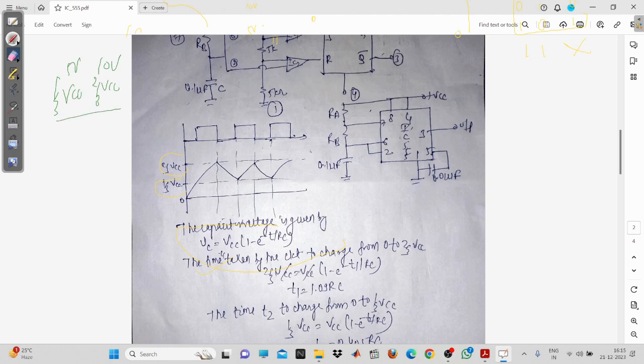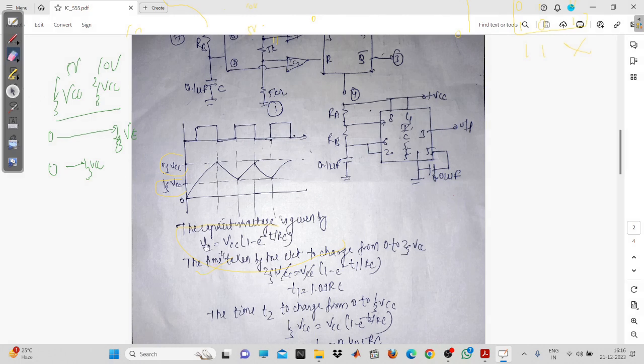Fine. So you will have two limits. In that case, first you will have to evaluate the time taken when the capacitor voltage charges from 0 to 2 by 3 VCC, and the next case is 1 by 3 VCC. Then you subtract these two times, and you'll get the capacitor charging from 1 by 3 VCC to 2 by 3 VCC. I think we did the same thing.